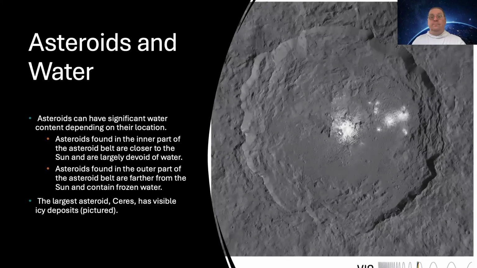Asteroids and water. One of the active mysteries of our solar system is, why does the Earth have water? Now, you might think Earth is the only body in the solar system that has any sort of liquid water on its surface.